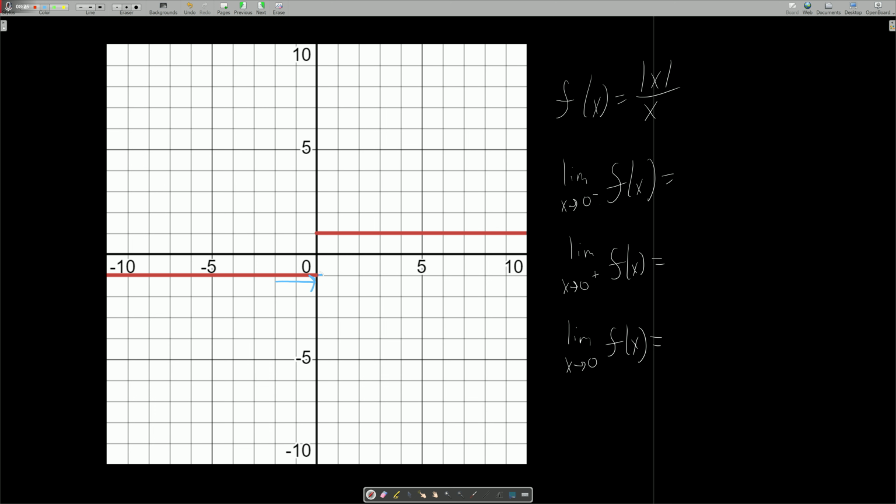The function's at -1. Now this is from the right. You can draw an arrow from the right. This is at +1. So the limit of f of x as x approaches 0 does not exist, because the limits from the left and from the right do not match.